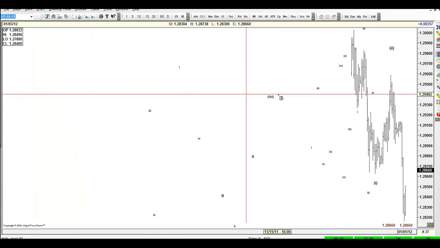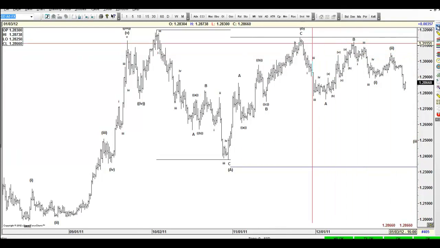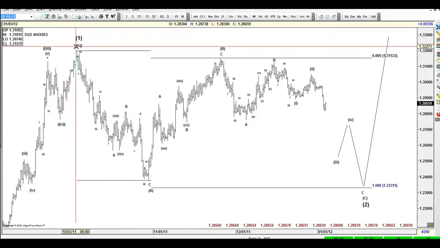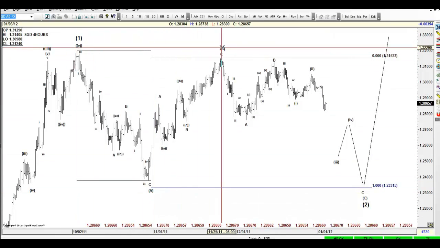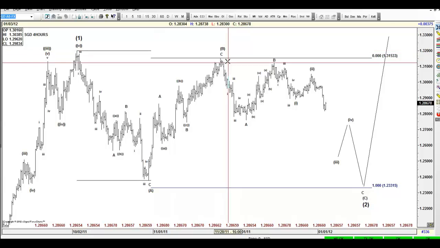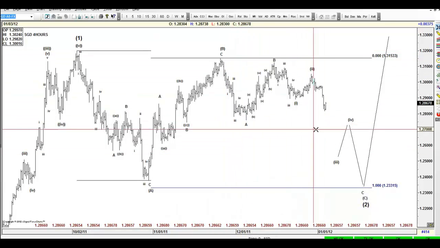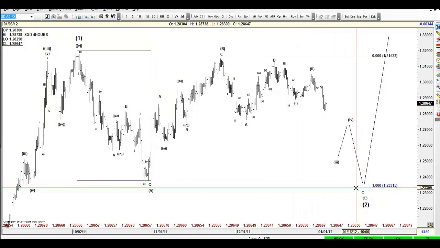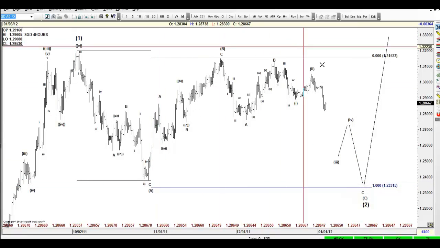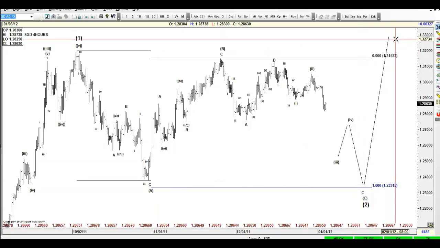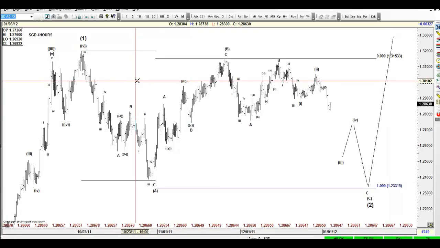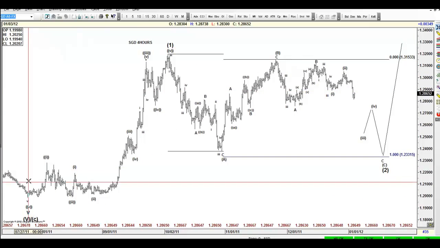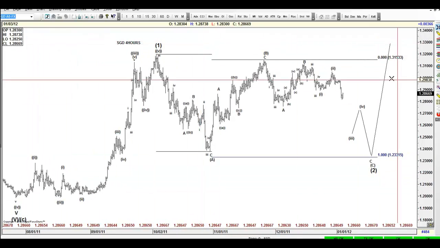Everyone knows what our view is, that we believe that this pair is in the wave 1, got an A here, a B, and then this pair is on the C wave that needs to trade below this one, ideally to 123 to complete a zigzag from here and consequently become bullish to a very, very huge move to the outside due to this pair did 5 waves from there.